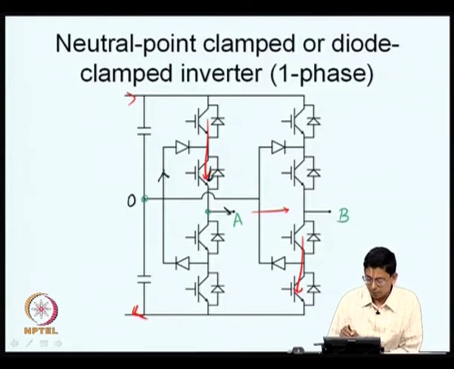And let us say B is connected to the bottom throw. In that case, current flows through the two transistors and flows back here. So, you see that a certain amount of current flows through those DC bus capacitors. The load current is now flowing through the DC bus capacitors, so there is going to be a substantial charging and discharging now.